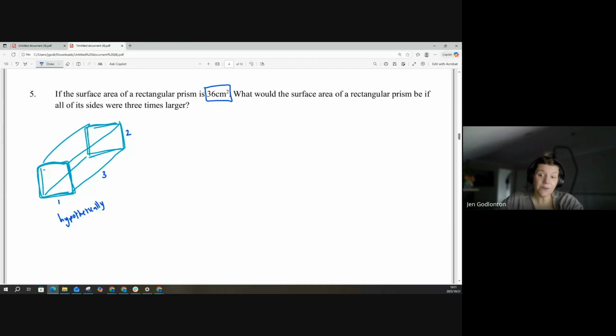So when we have a question like this and we're not entirely sure what to do, the best way to go about it is to think hypothetically. We'll give it values and then we can kind of work out from there.